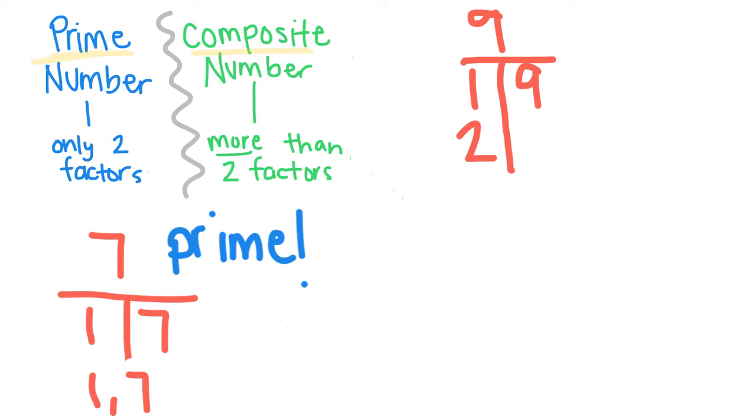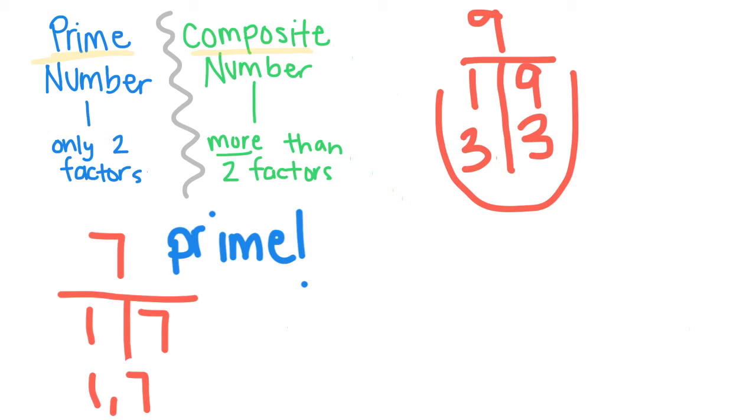Can I fit 2 into 9? 2, 4, 6, 8, no. Okay, what about 3? 3 times 3 will get me 9. What about 4, 5, 6? Nope, these are the only factors. So I can write them in order. 1, 3, I don't have to list the 3 twice. I can just say 1, 3, 9.